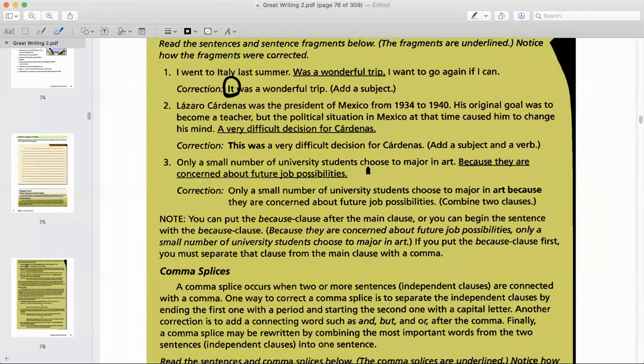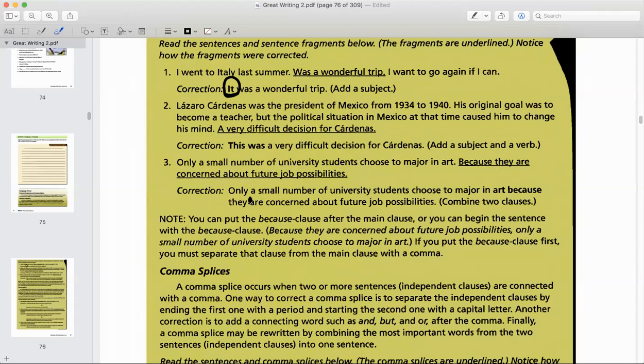So this second clause here is giving us a reason why a small number of students choose to major in art. And so that's got to be part of the sentence. By itself, this because clause can't sit there. Because what, right? The answer to because what needs to be in the sentence, and it's not here. It's in a separate sentence.